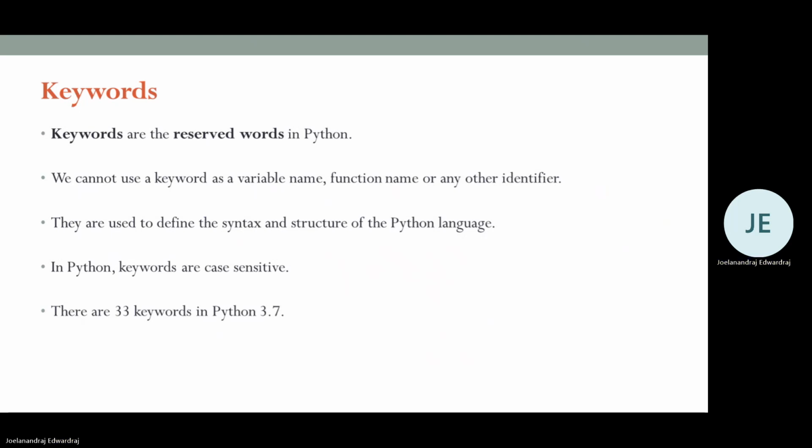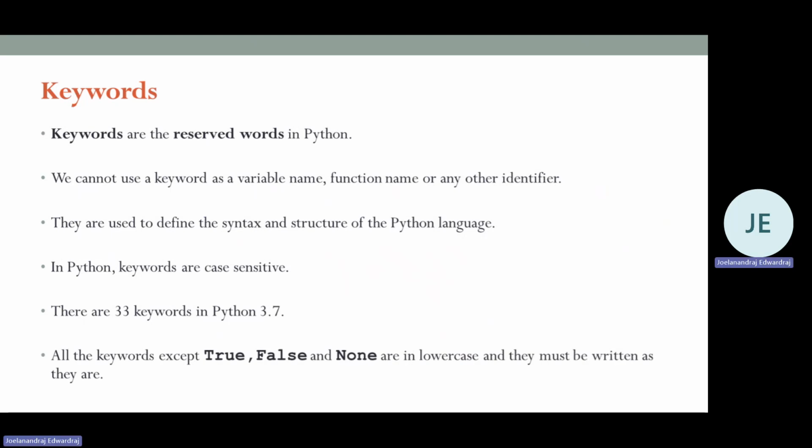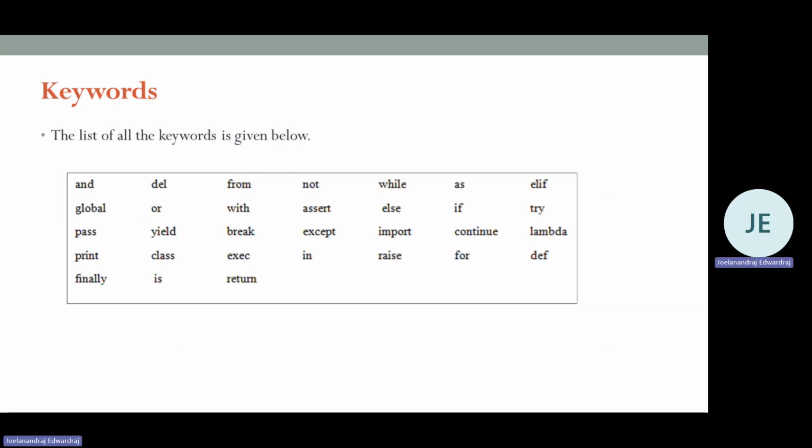There are approximately 33 keywords in Python 3.7. Apart from True, False, and None, every keyword in Python is lowercase. True, False, and None are sentence cased, where the first letter is uppercase. So these are the keywords: and, global, else, while, assert, for, class, yield. They have special meaning, right? Whenever you use these keywords, they indicate some special kind of instruction.